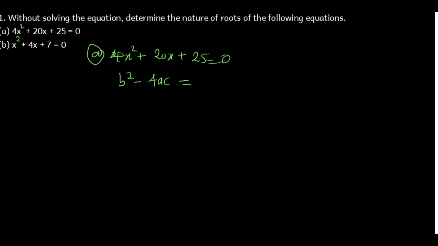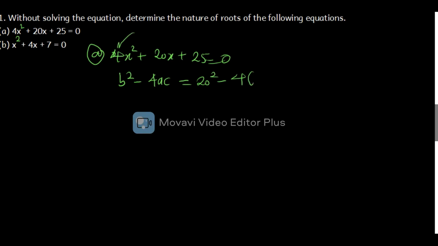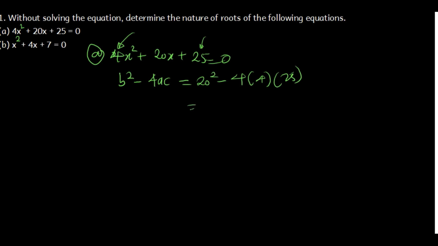So what is that going to give us? Our b is this number here, so that will be 20 squared, and then minus 4, our a is the number in front of x squared, and then our c, which is a constant, is the 25. Now 20 squared is 400. If we multiply 4 by 4 by 25, 4 by 4 is 16, and then 16 by 25 is also 400.